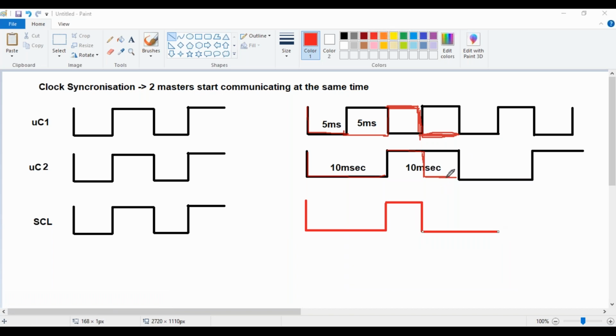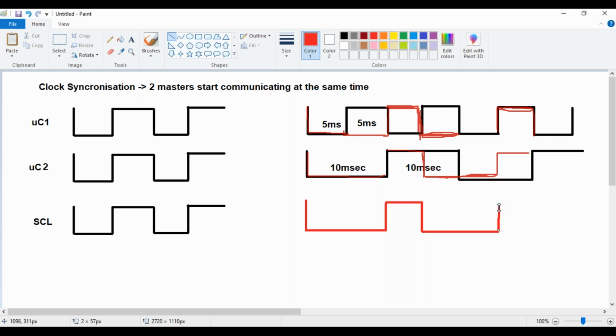So this is what you see because of microcontroller 2. Then microcontroller 2 pulls the line up after 10 milliseconds. Then microcontroller 1 is eager to generate a high level, so the high level gets generated by microcontroller 1.